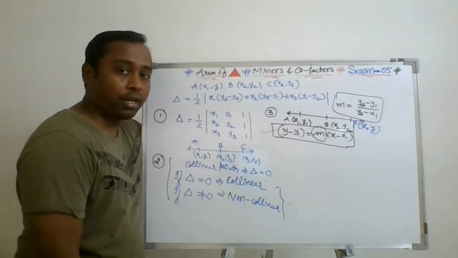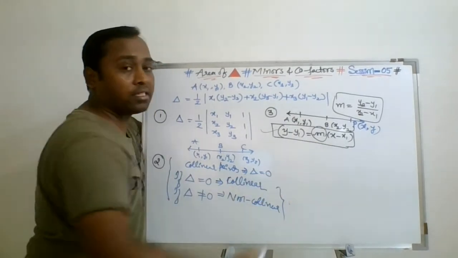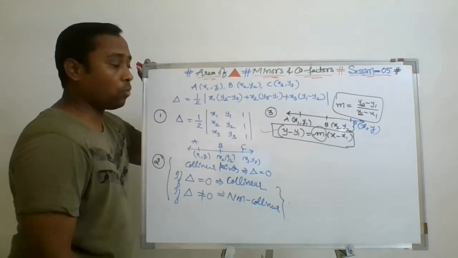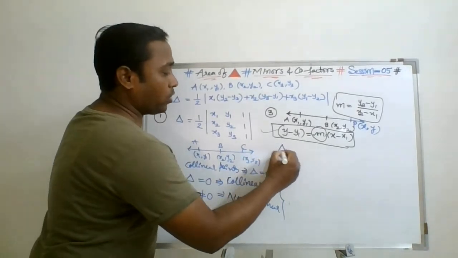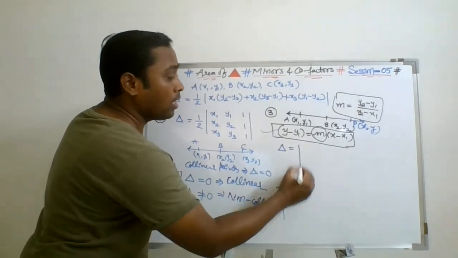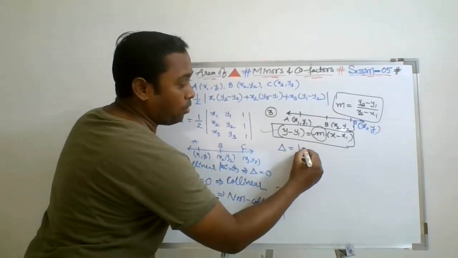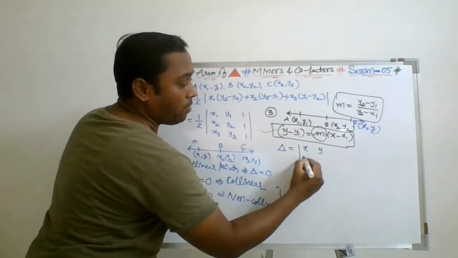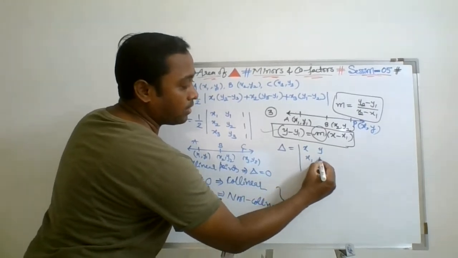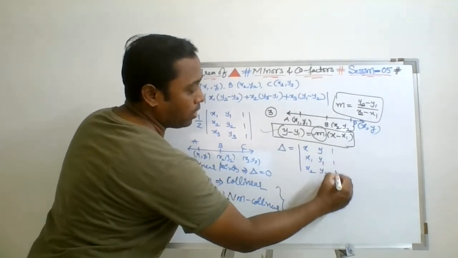If they are collinear, then the area of the triangle formed by these 3 points must be equal to 0. So what is the area of the triangle formed by these 3 points? See, I may take the order of the points in any way. x comma y as the first point, and then x1 y1 as the second point, x2 y2 as the third point, with 1 1 1 in the last column.